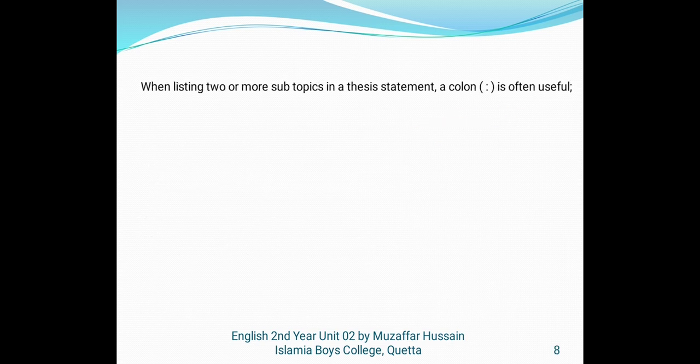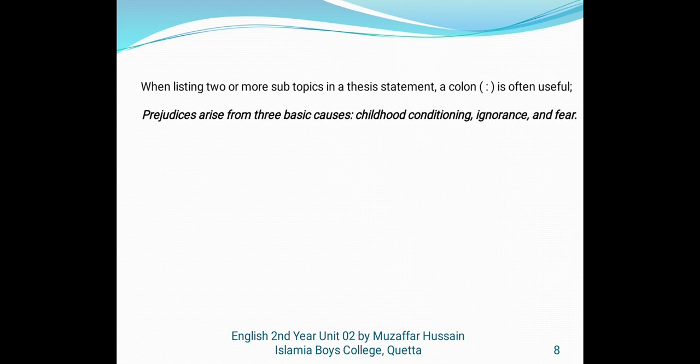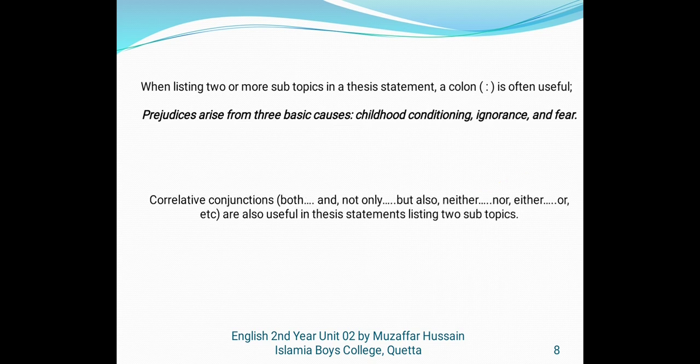When listing two or more subtopics in a thesis statement, a colon is often used. Prejudice arises from three basic causes: childhood conditioning, ignorance, and fear. Correlative conjunctions, both and, not only but also, neither nor, etc., are also useful in a thesis statement listing two subtopics.